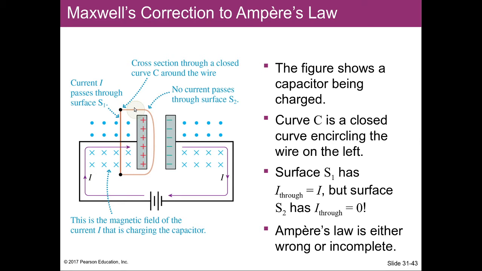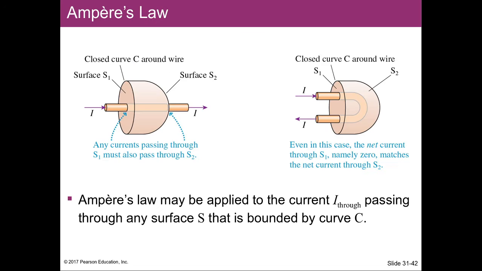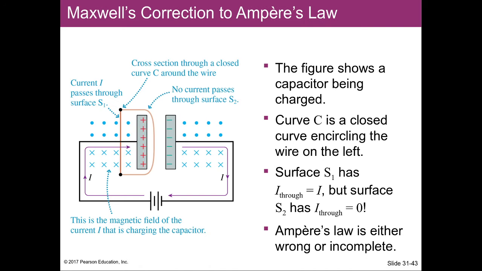So how can we save Ampere's law? Something clearly is going on here. There is a current through S1 but not through S2, so Ampere's law is either wrong or incomplete.